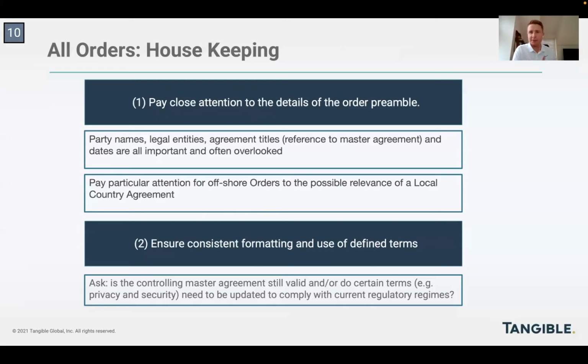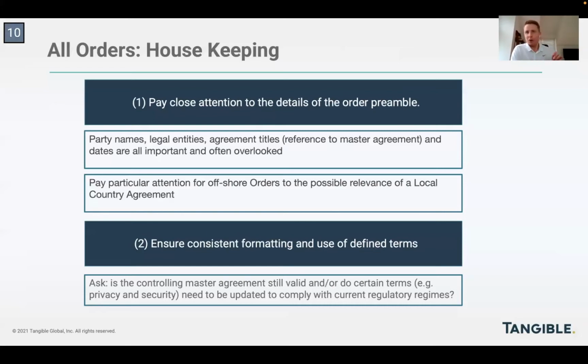But just as we discussed in our CLE on master professional services agreements, it's common to have mistakes in this section of an order, and those mistakes are highly visible to a reviewing attorney.